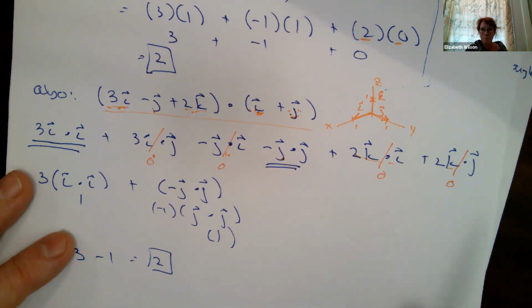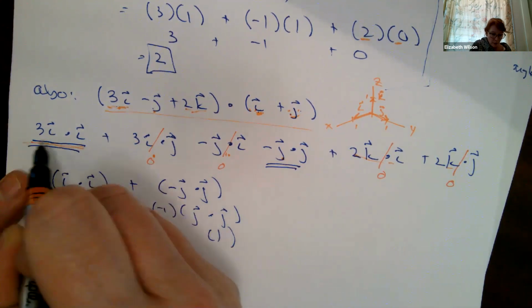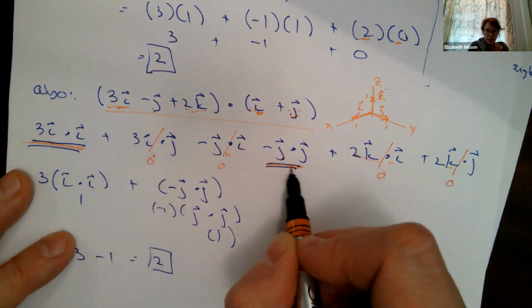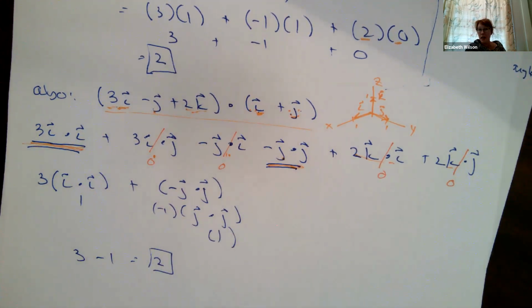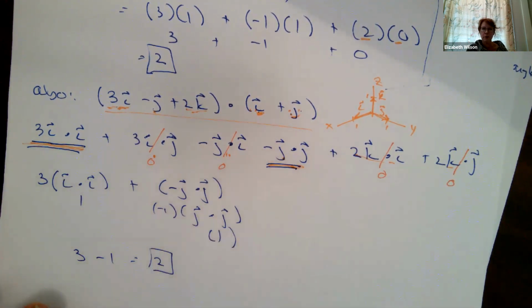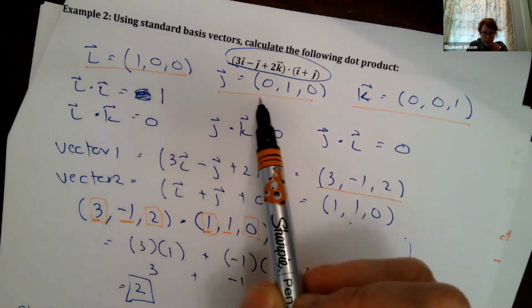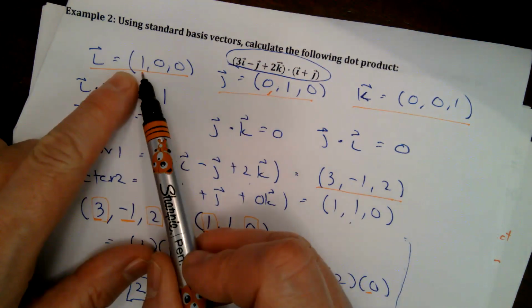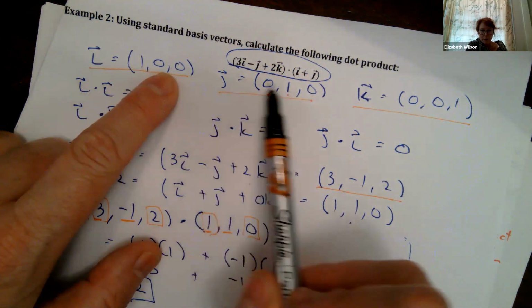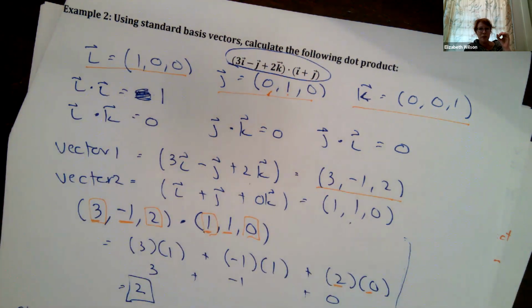Yeah. And the trick to remember is you're only worrying about when I have the same basis vector, so i dot i and j dot j. If we had a k dot k, then I would include that as well, but we don't. So i dot i, j dot j, those are the only ones. All the other ones reduce down to 0. Because when I take the dot product of i and j, if I multiply first components together, second components together, and third components together, and I sum them all up, all I get is a big 0.